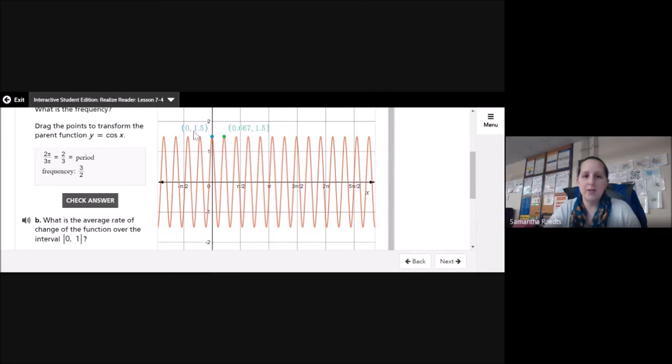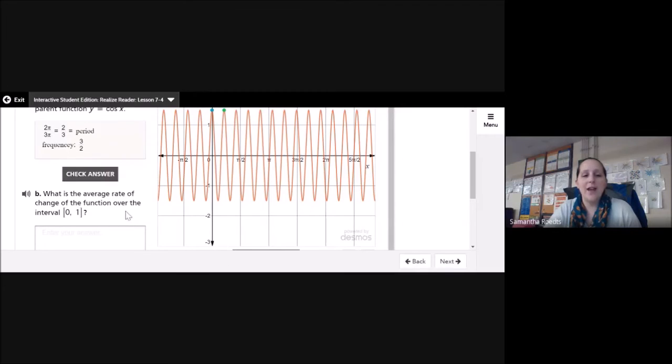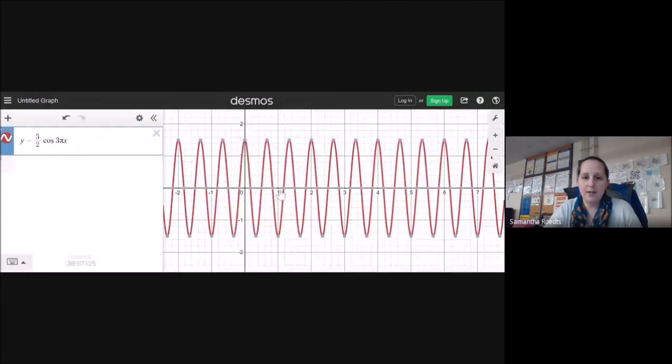Again, those points are 0, 1.5 and 0.667, 1.5. So remember, that's 2/3 and 1.5. Then I want to find the average rate of change of the function over the interval from 0 to 1. So I'm actually going to look at Desmos because they have nice numbers.